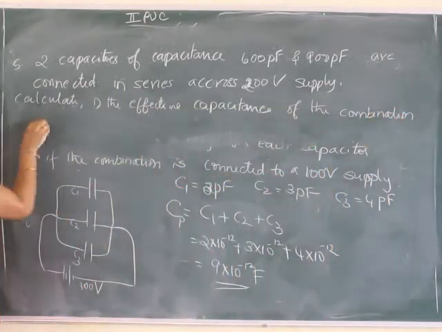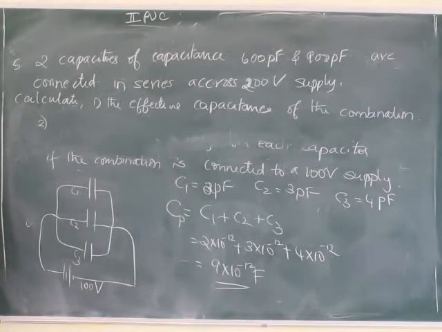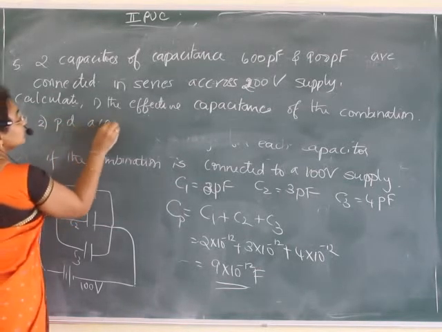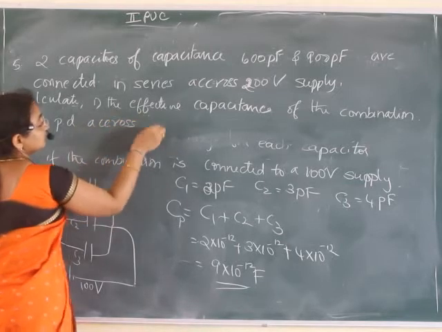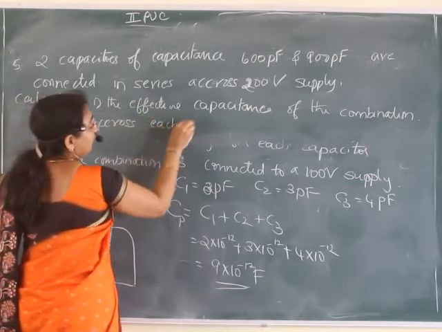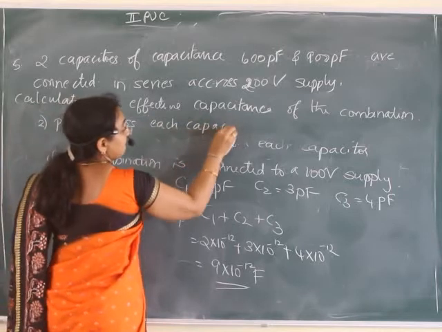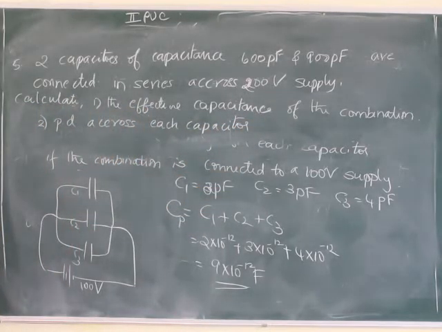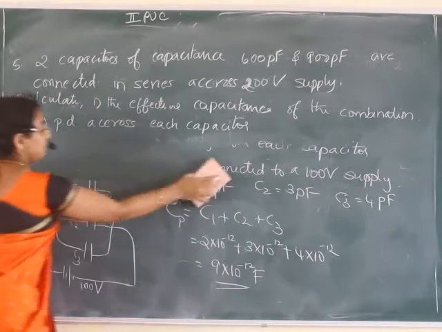Second, what you have to do is find the potential difference across each capacitor, and the third one, the total charge stored in the system.